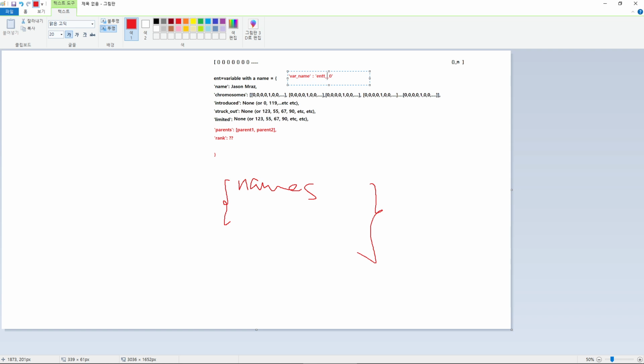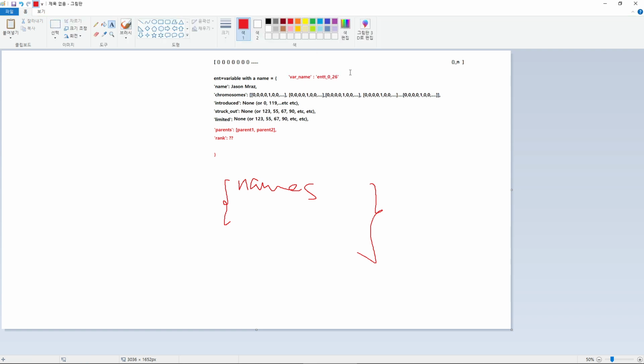If it was generated during generation 0, it should have this, and 0 would indicate that it was the first one generated during this generation. If it was the 24th one, it would be 23. If it was the 92nd one, it would be 91. If it was the 27th one, it would be 26. It's zero-indexed.